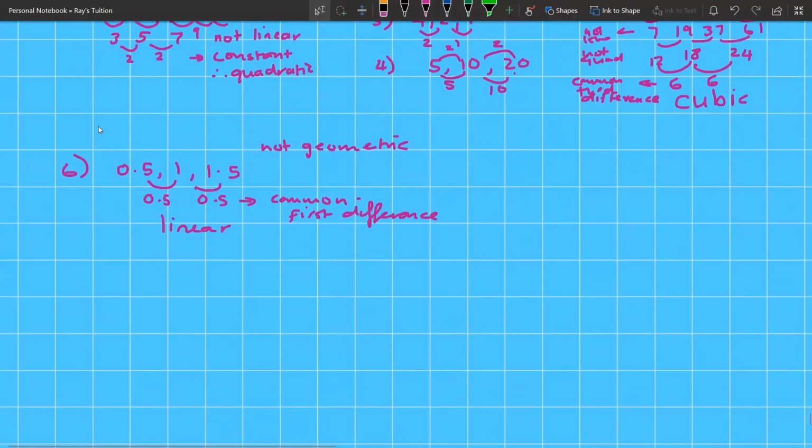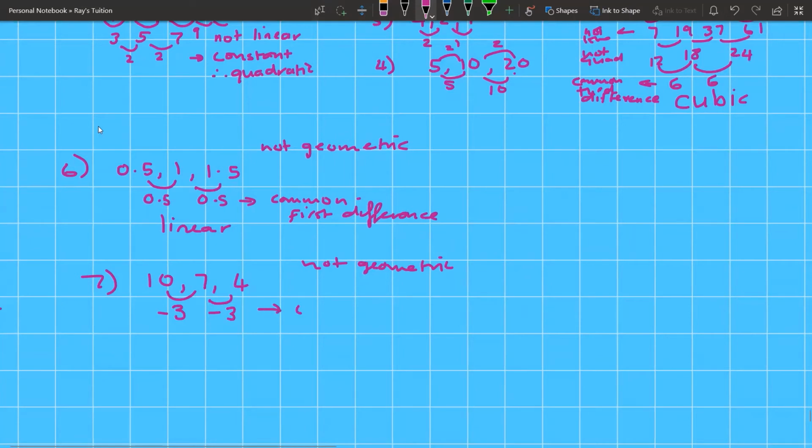The next one is 10, 7, 4. And again, there's no common ratio, so it's not geometric. We cannot multiply by the same number. Let's look at the common differences. It's 7 minus 10, which is negative 3, and 4 minus 7, which is also negative 3.